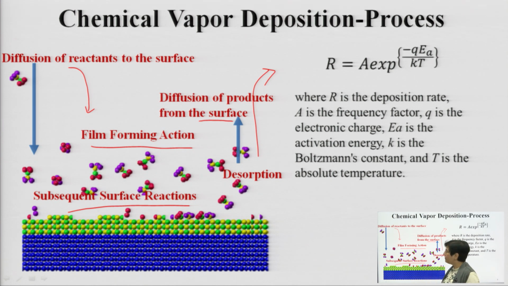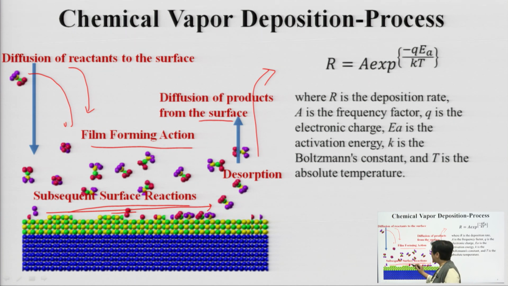Again, I will repeat: the reacting species come onto the wafer. There is diffusion of these species, and a chemical reaction happens, wherein the species get deposited as a result of the chemical reaction.